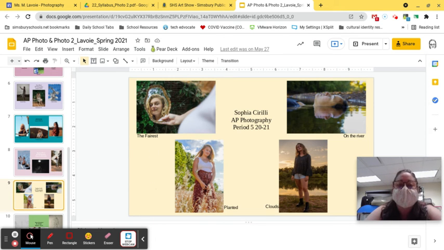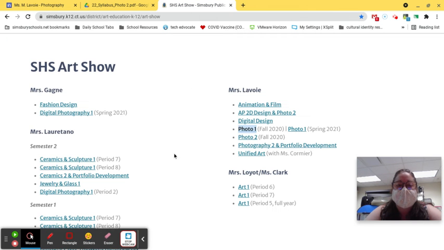So there's certain topics, and these topics can be things that inspired them from previous years, previous work, or maybe there's a new topic that they can explore, and they sometimes work with other classes as well to explore these topics. So this slideshow actually is from last year's art show that's digital. It's also a link on the Simsbury High School website. You can click on any of the classes to see student examples. So you can go in and check out what some students did for examples from the previous year.